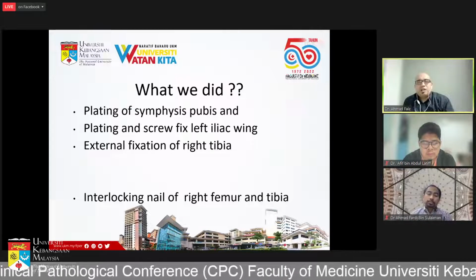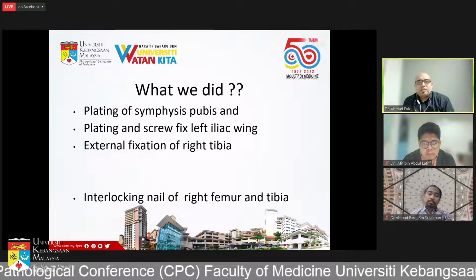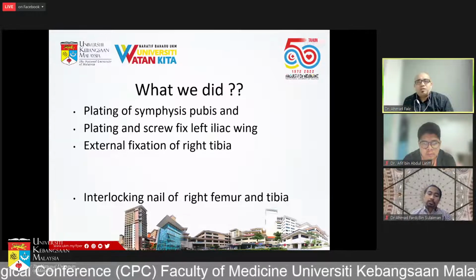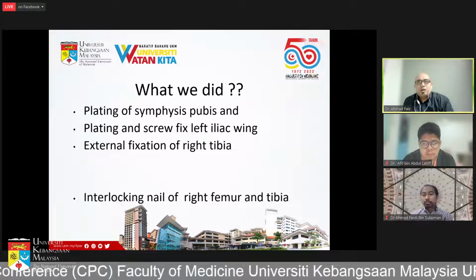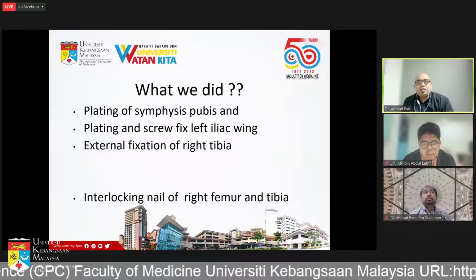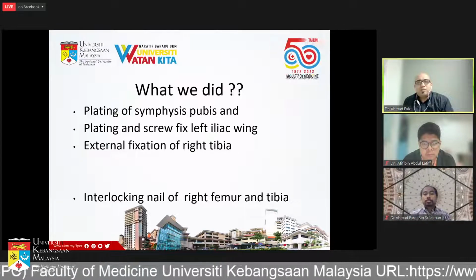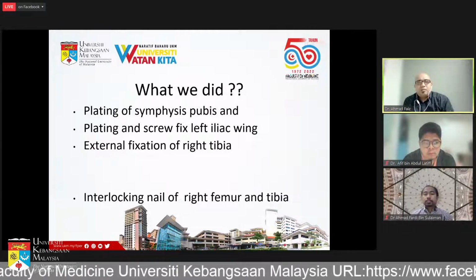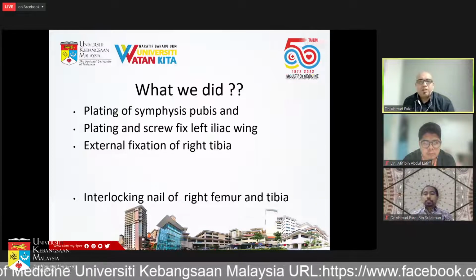During this time, we also needed to give time for the surgical team to go in for exploration of the perineum region.